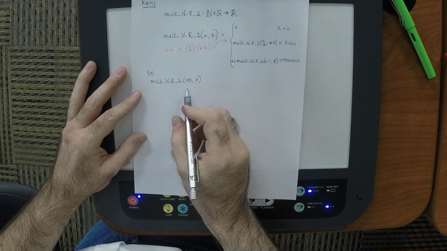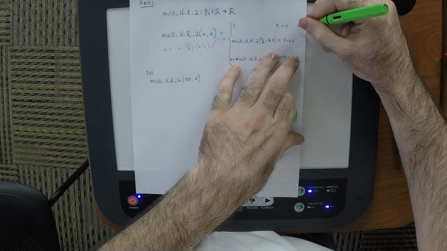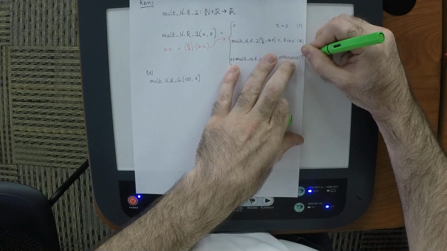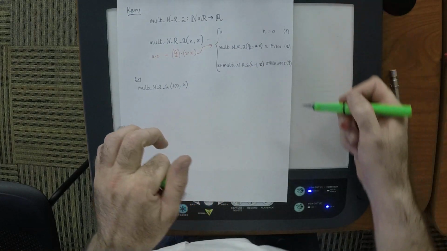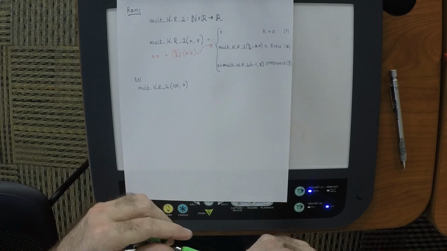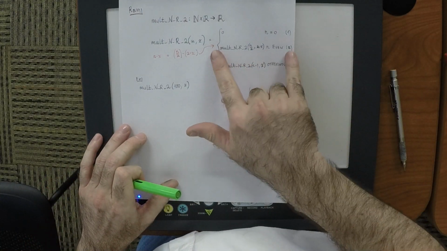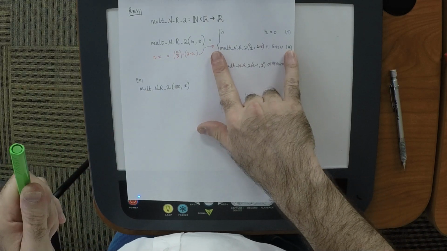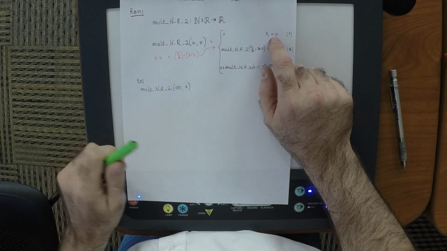Okay, so oh yeah, and I want to mention that notice these clauses here. Clause 1, clause 2, and clause 3. Remember that the rule is that clauses match top to bottom with first match. The reason why I want to say that is because here we have a clause that's asking about if n is even. Okay, but how about 0? Is 0 even or odd or what?